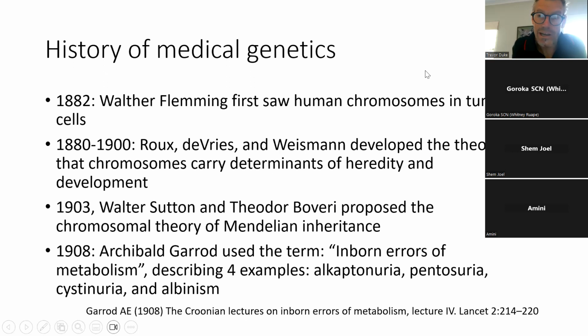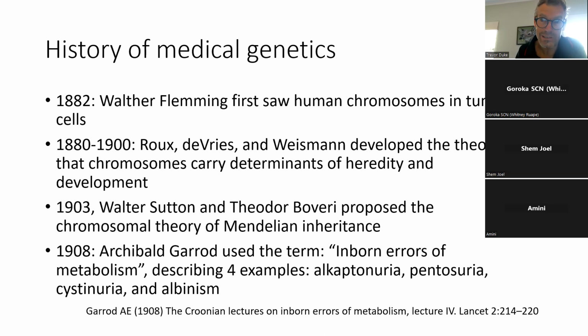That was in the 1850s, and then about 30 years later, the first human chromosomes were seen in tumor cells. So when cancer cells were being examined, it was clear that there were chromosomes within the cells, and that was later found to be present in all human cells and all cells, not just in cancer cells.